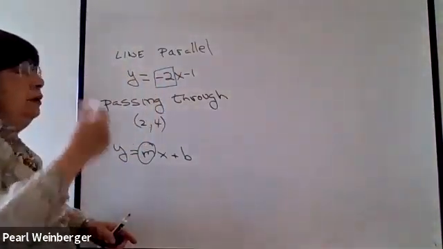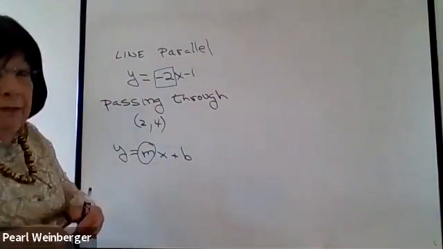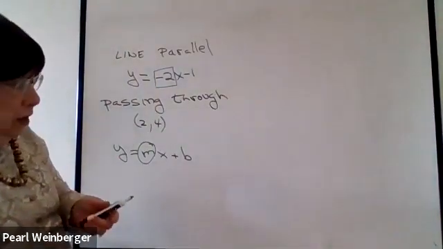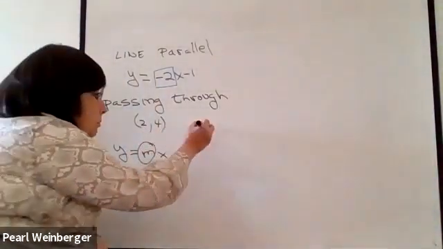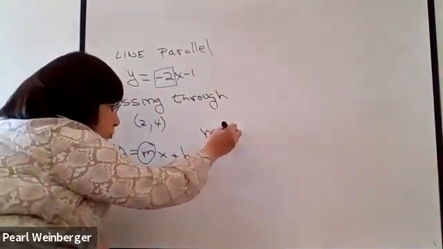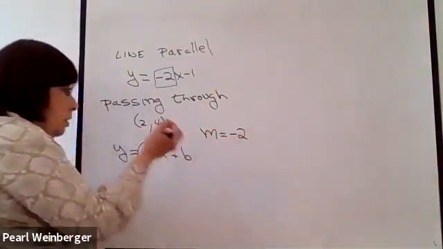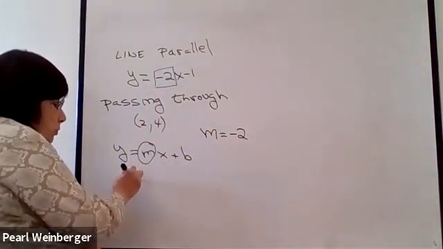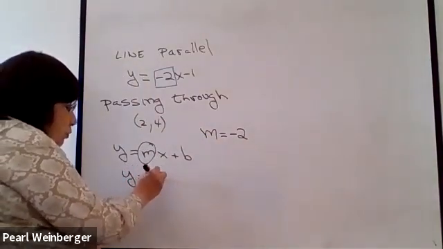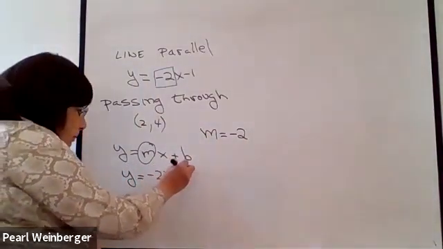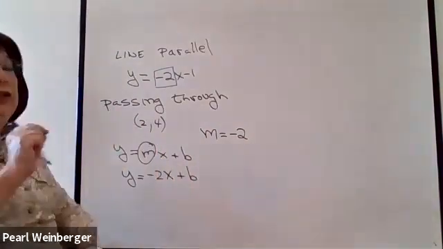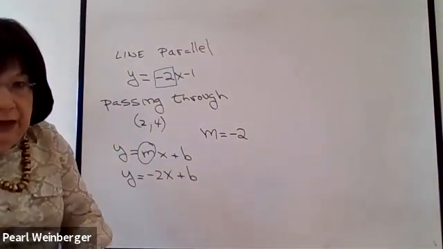And since my new line is going to be parallel to that line, my slope here is also going to be -2. So my equation becomes y equals -2x plus b.